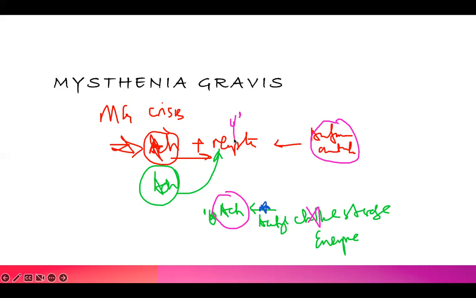If this is the receptor, the acetylcholine is more likely to bind, and the individual will function better. Therefore, we have a medication that can bind to acetylcholinesterase. That's the enzyme. And that medication is edrophonium.